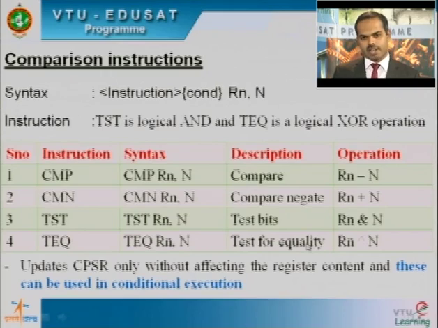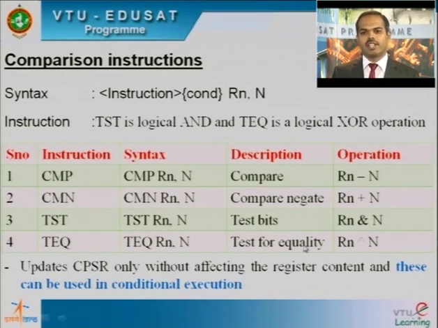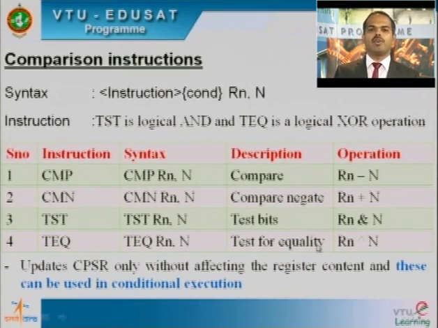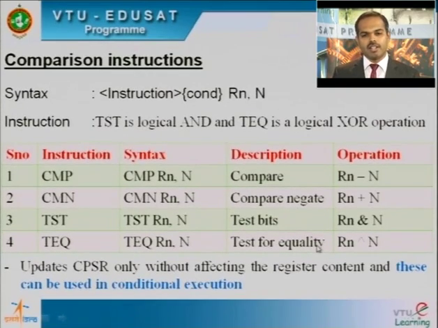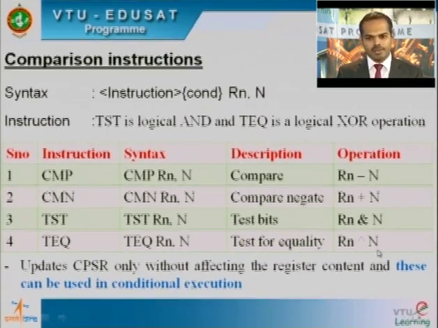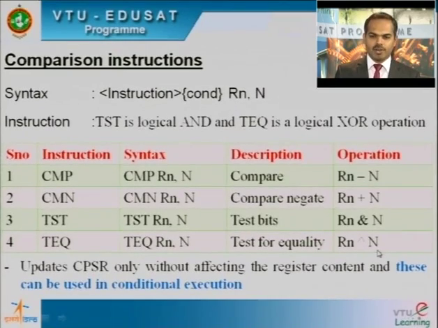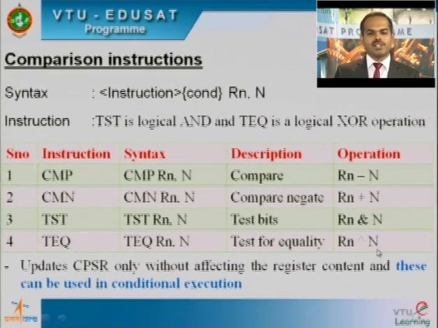We all know that XOR operation will give you the result for equal condition. Whenever every bit of Rn is the same as every bit of n, the result will be 0. That means CPSR Z flag will be 1.